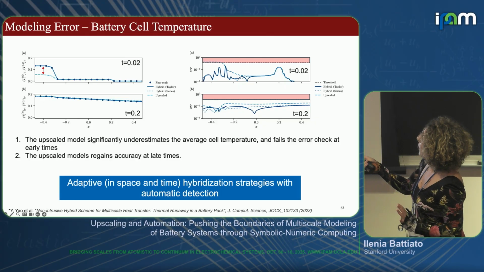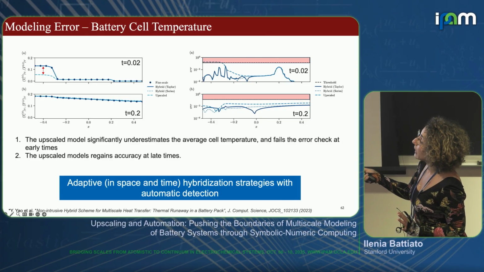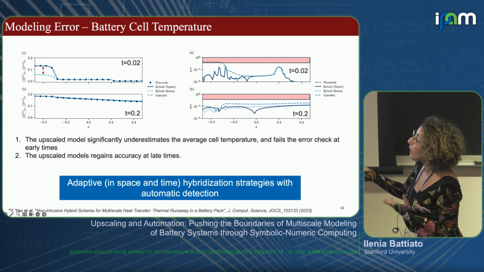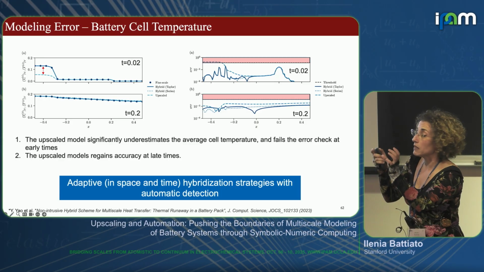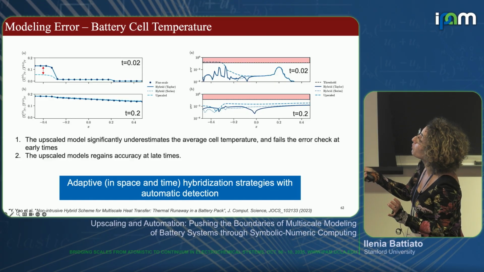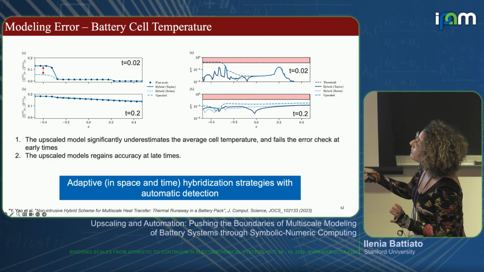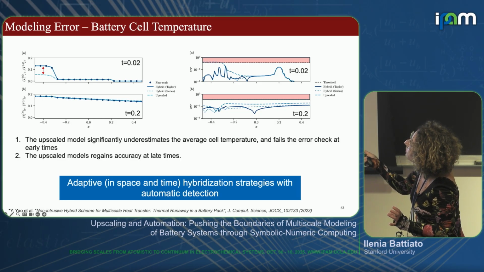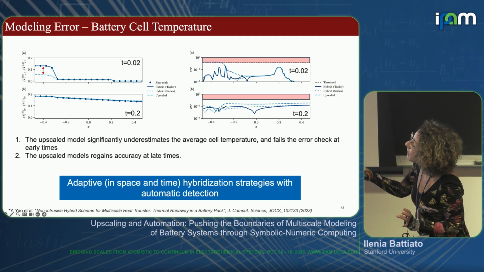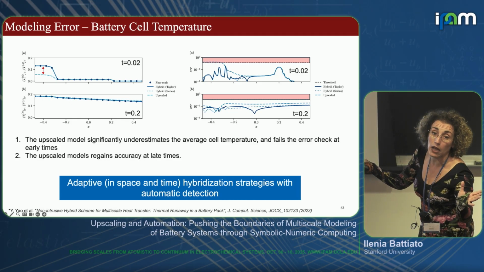Oftentimes this coupling really needs to happen only in certain instances in time. For example, what you see here is that there is a discrepancy between the continuum scale, which is the dashed line, and the accurate solution, which is the dotted line, only at early times, and you are above the error threshold at that early time, but later on things work out just fine.